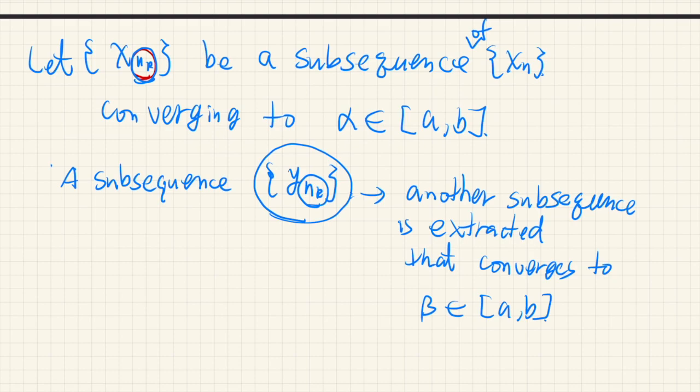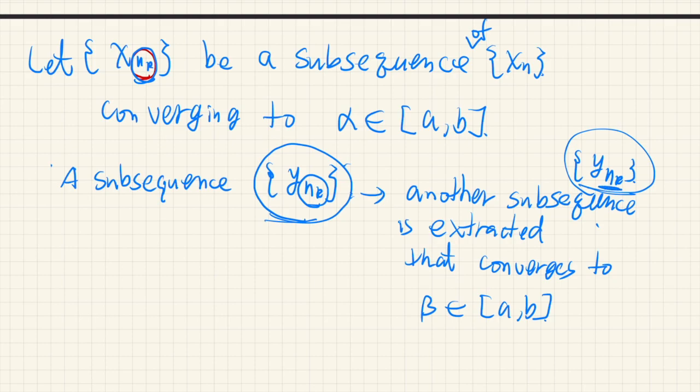So it's a subsequence of a subsequence, but just by renumbering, let's call it again by the same name, y_{n_k}. Okay, so this is different from this, but this is a subsequence of this, but for simplicity, we just call it with the same name.